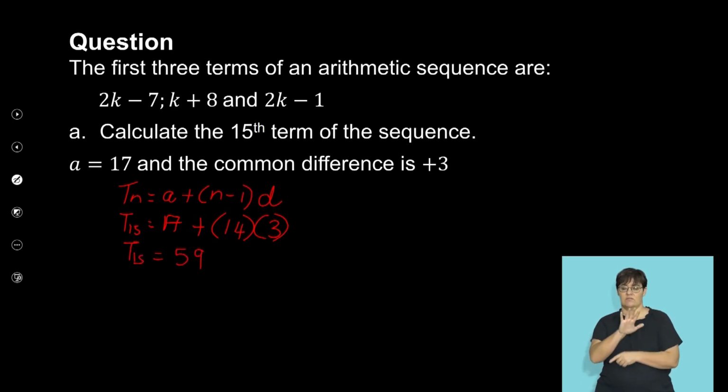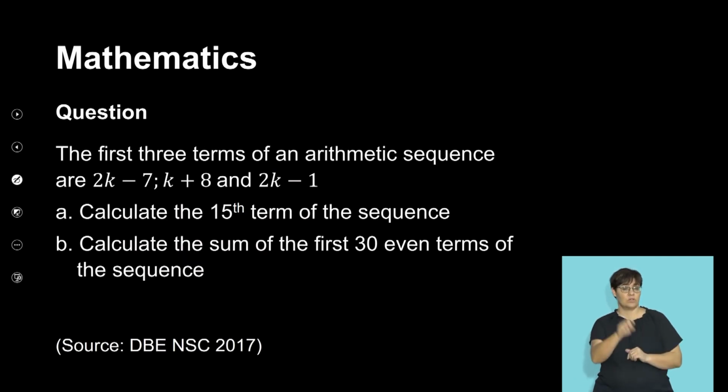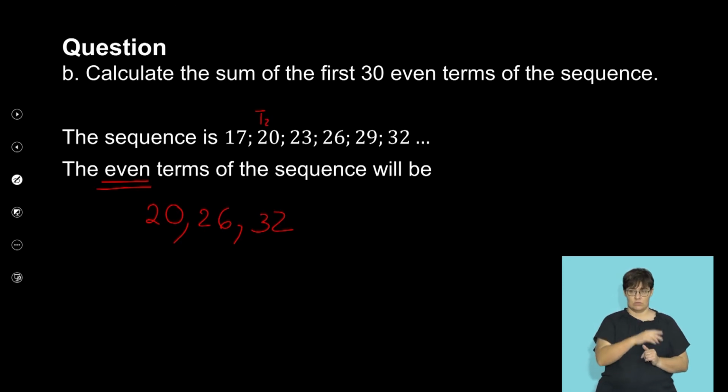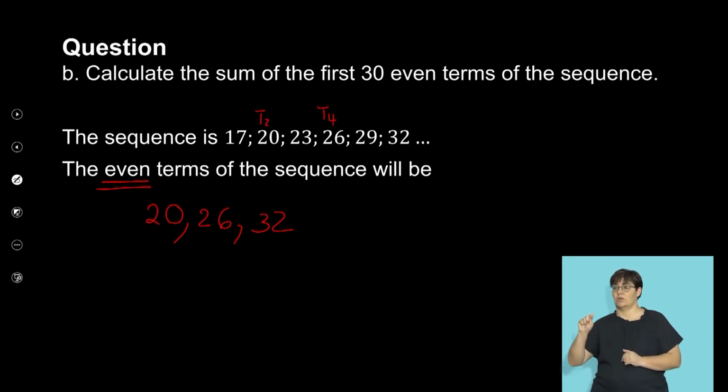Great. And then the last question, everyone, is to determine the sum of the first 30 even terms of this sequence. The sequence goes 17, 20, 23, 26. But I've been asked for the sum of the first few even terms. The even terms of the sequence are 20, 26, and 32, because this is term 2, term 4, and term 6.